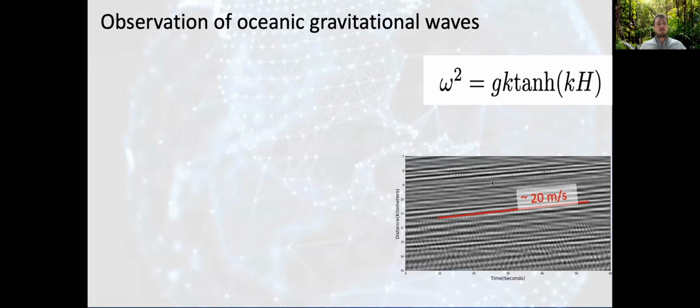So underwater DAS records the seismic waves that come from the bottom, but it also records the acoustic waves that come from the top, from the ocean and the water level. Here you have several stations, with time on the x-axis and distance, every station spaced by 5 meters, and you can see that there are these waves that are traveling across the array.